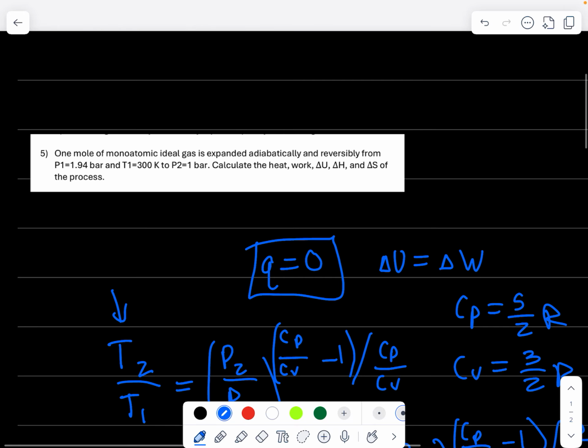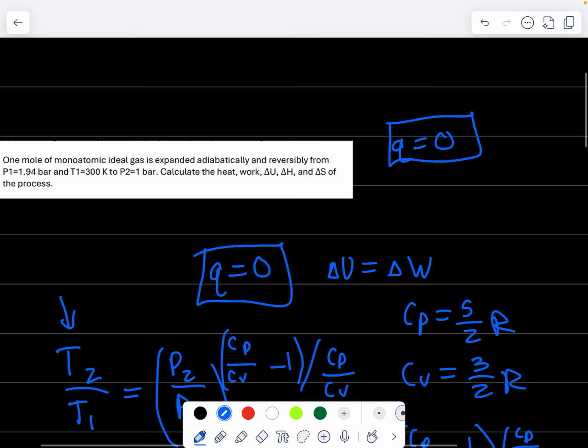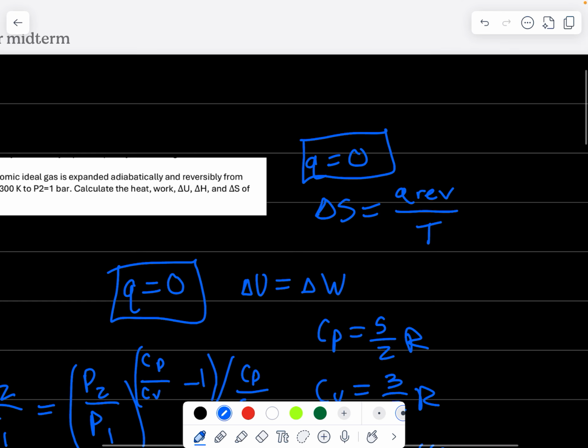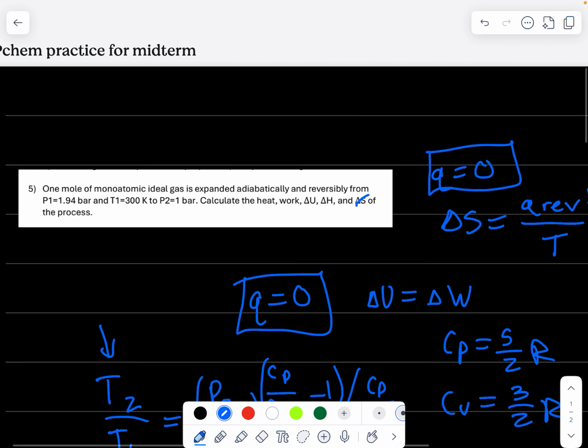So let's see which ones we already have. We know that the heat Q equals 0, right? So that's one of them that we already have. We also know that delta S equals Q reversible over temperature, right? So our Q reversible here is 0, so this also equals 0. So we've done that, and we've calculated the heat.